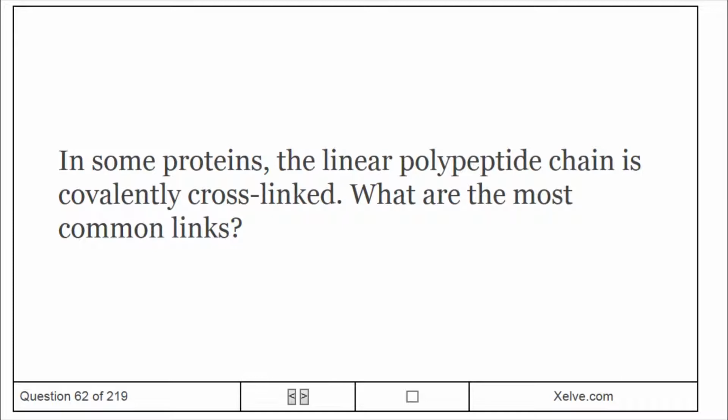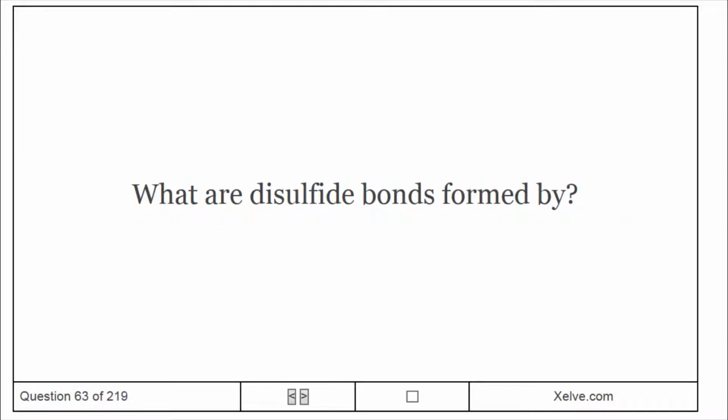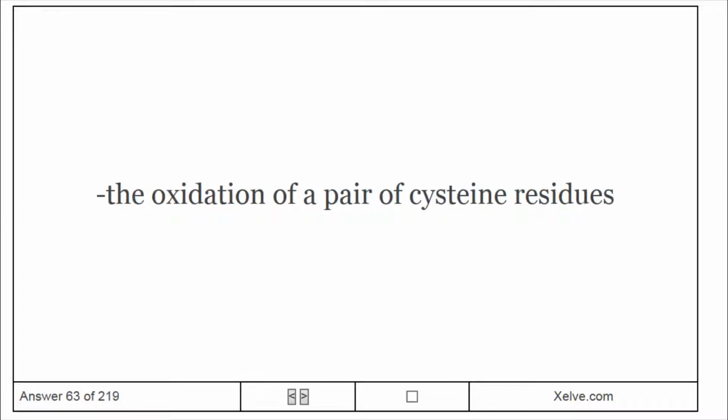In some proteins, the linear polypeptide chain is covalently cross-linked. What are the most common links? Disulfide bonds, formed between cysteine residues in the same polypeptide chain, or they can link two separate chains together. What are disulfide bonds formed by?